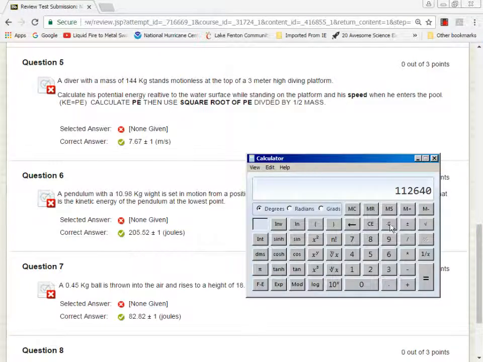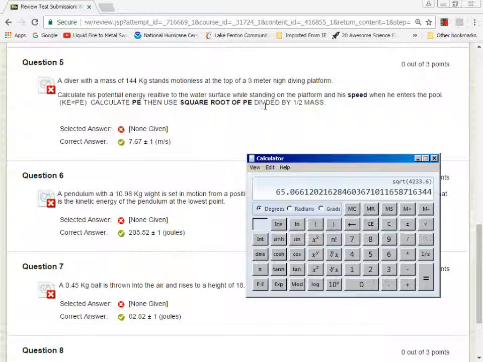Let's take question number 5. Calculate the PE: 9.8 times mass times height. But this is not the same, because you have to square root it. Oh, wait.